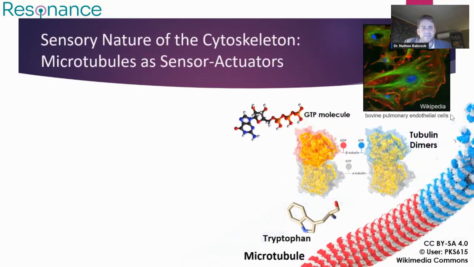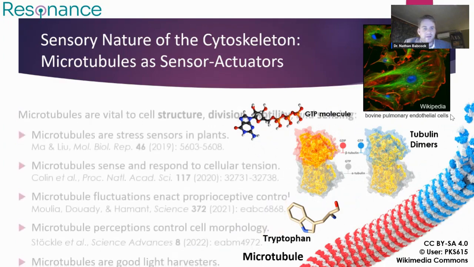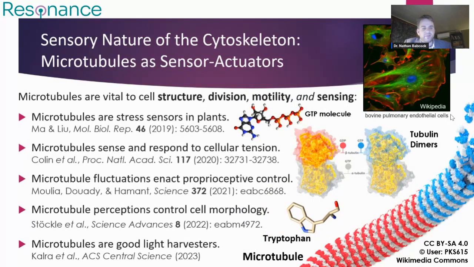Why is this significant? If we look back at our picture of the cells that I showed early on, it's important because microtubules, as the main structural component of the cell, control not only structure, but cell division, cell motility for cells that move around, such as a white blood cell or any cell with movement capabilities. And as I mentioned, sensing.